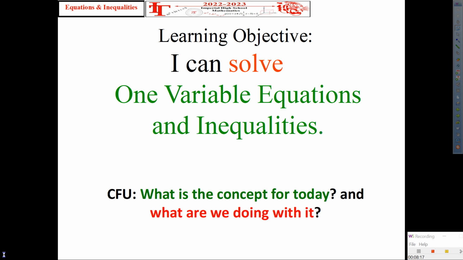By now, by looking at the objective, you should know what the main concept for today is. Tell your neighbor, please, the main concept for today. Now we're moving on to one variable equations and inequalities, and what are we doing with that? We're going to solve them, okay?